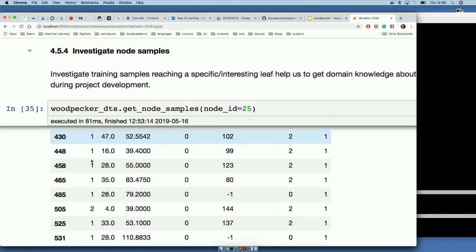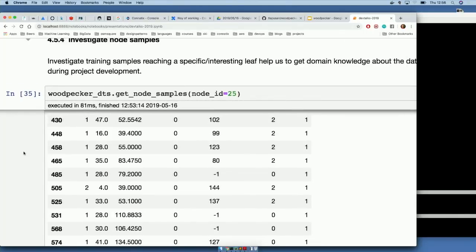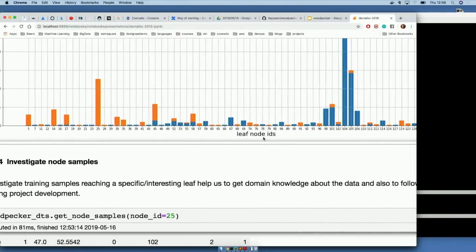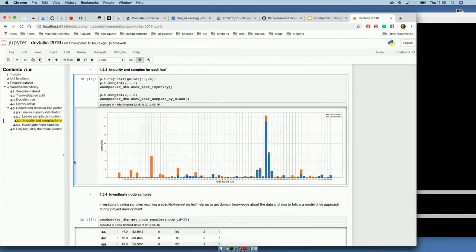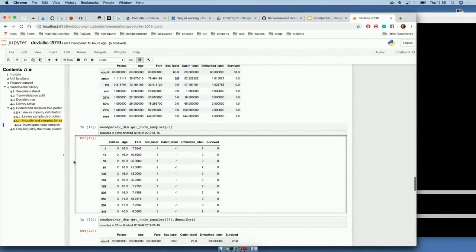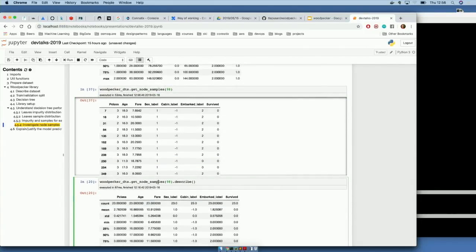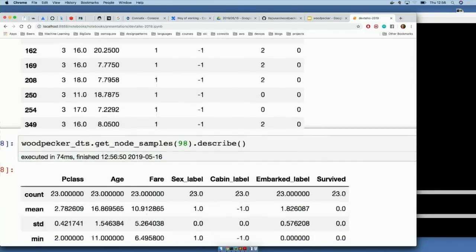The men? Yes, maybe. Let's see, the leaf number is 98. So this is the list, and let's go to the describe method.